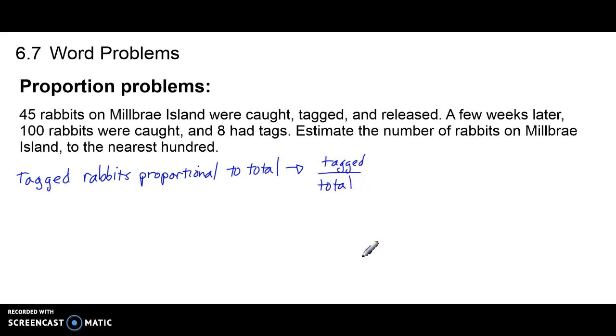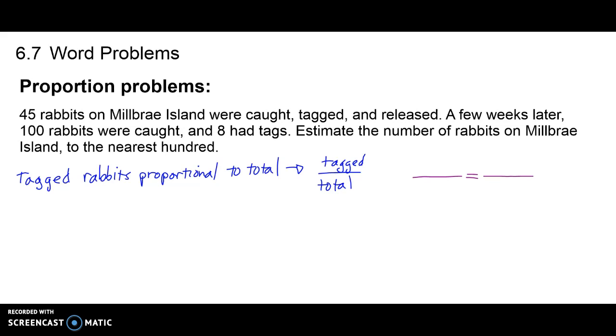One of those will be numerator, one of those will be denominator, and you can really do it either way. Then you've got to set up two fractions. Anytime you're doing a proportion problem, you'll have fraction equals fraction.